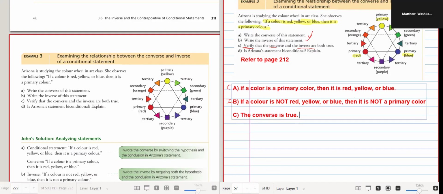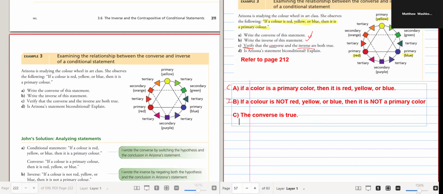If we assume this, so if we look at only the primary colors here, then it must be red, yellow, or blue. So it's correct. Yes. So both Q and P are correct in this case.